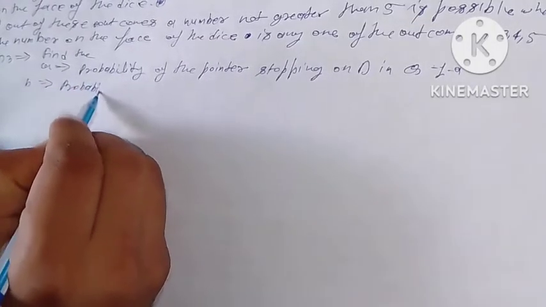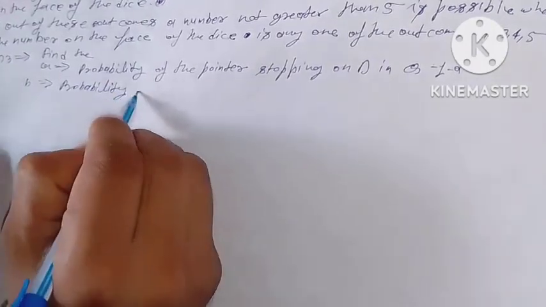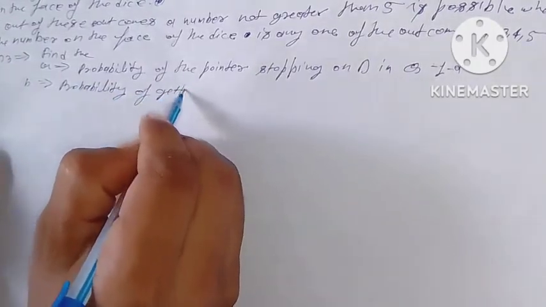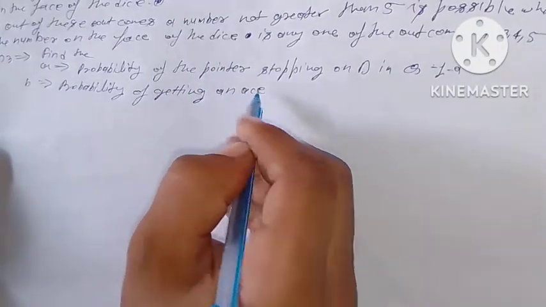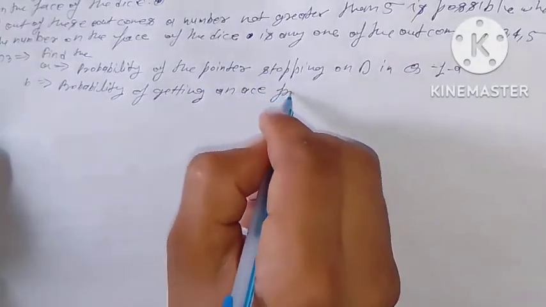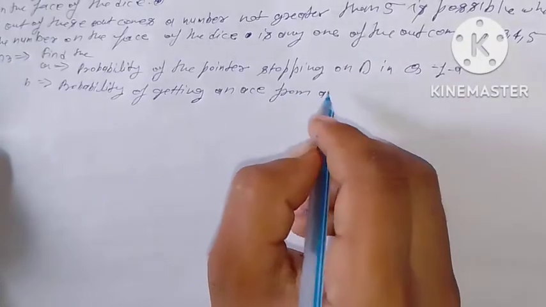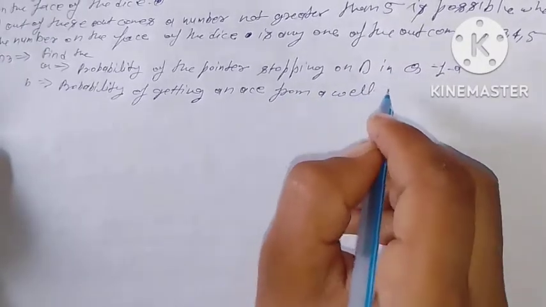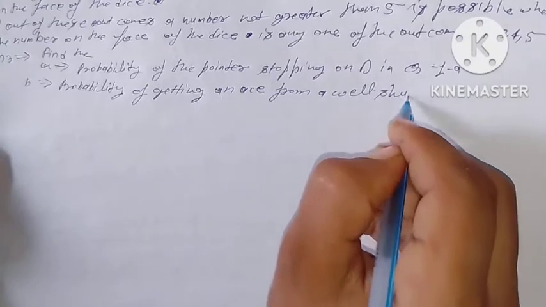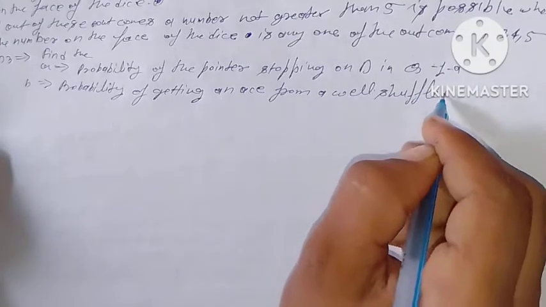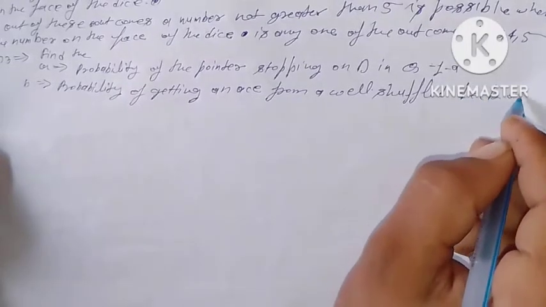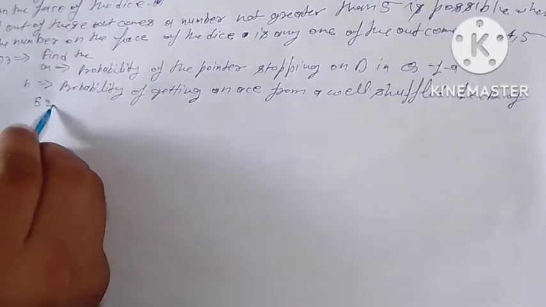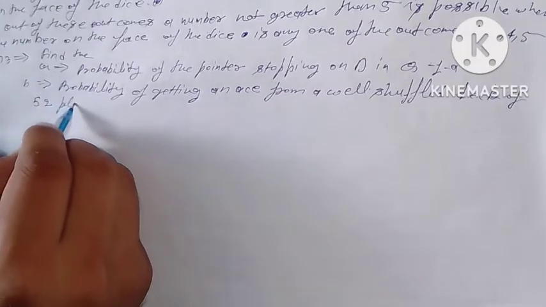Probability of getting an S from a well shuffled deck of 52 playing cards.